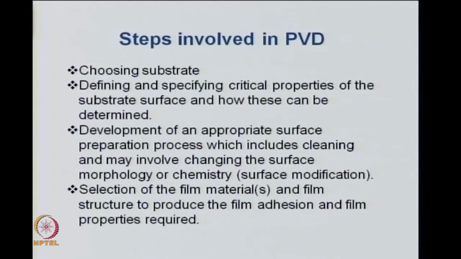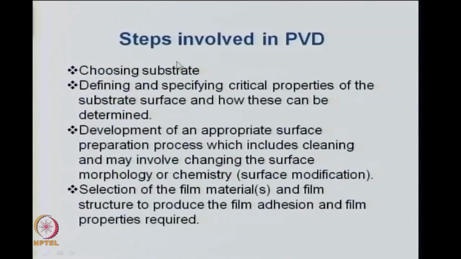So, what are the steps involved in general in choosing a PVD process? In all the PVD processes that we discussed, using either evaporation, sputter deposition, and then this kind of ion assisted deposition, or the arc method of deposition, the first thing that you do is you choose a substrate, and the substrate has a very important role to play during the growth of the film.